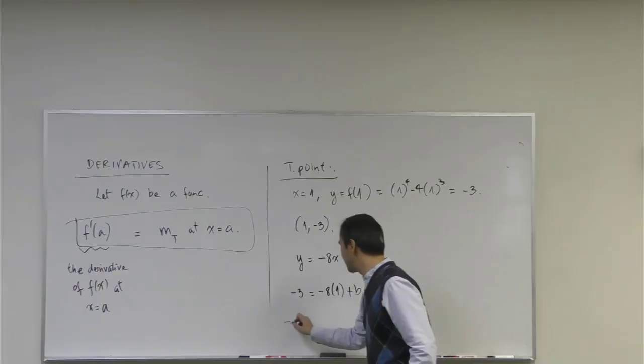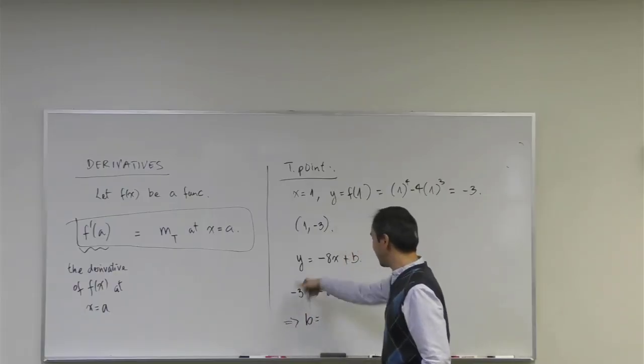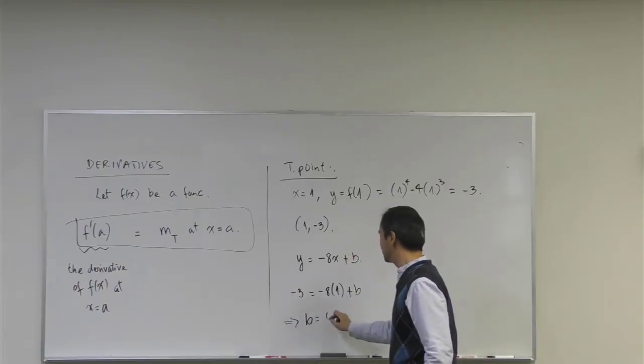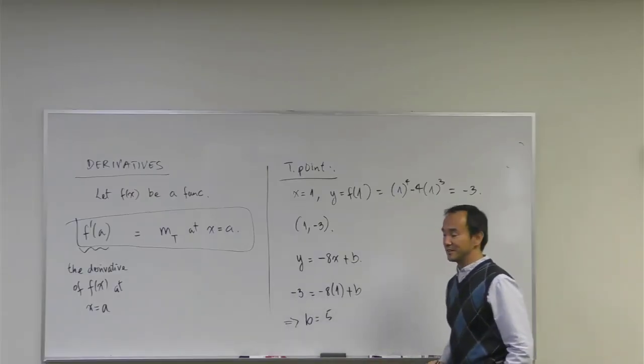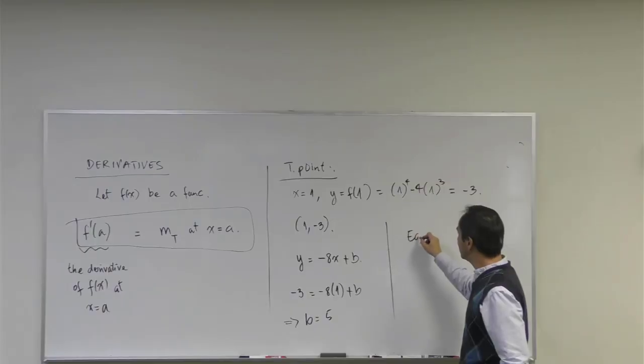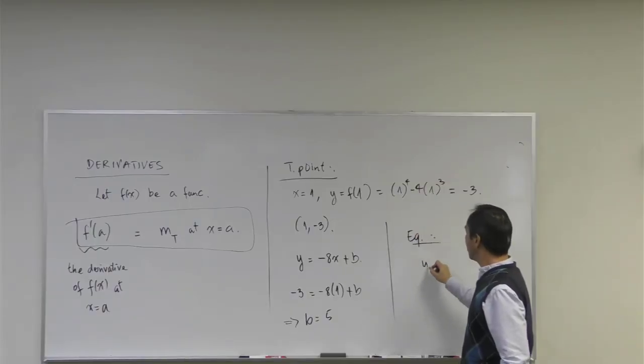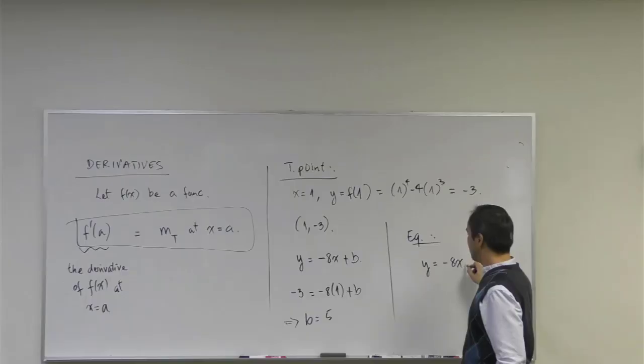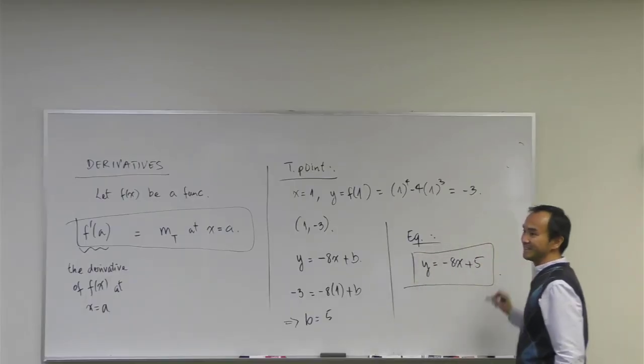Solving for b, I add 8 over, and that's going to make it positive 5. So the complete equation is y equals minus 8x plus 5. That's our equation for the tangent line.